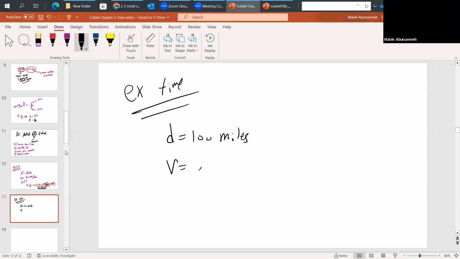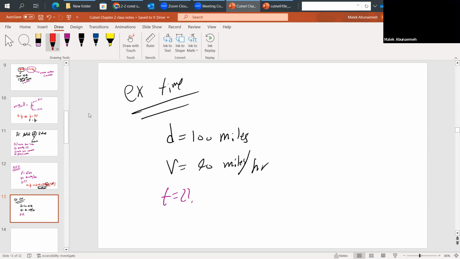And your velocity is 40 miles per hour. Actually, let me go ahead and write down the word miles per hour. And we're looking for this time. We're like, how long does it take? So that means we're looking for your time. That means your time is your double question mark.